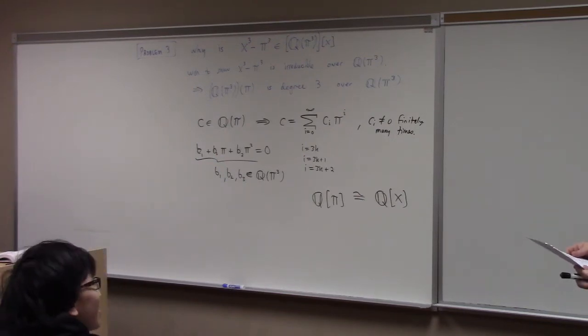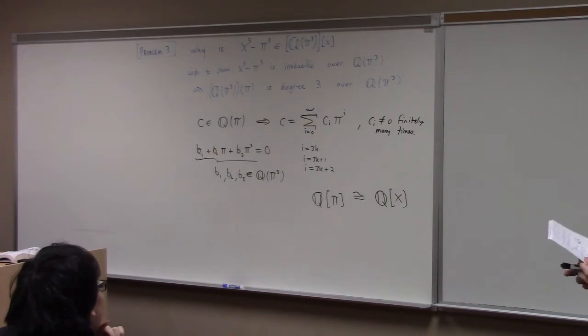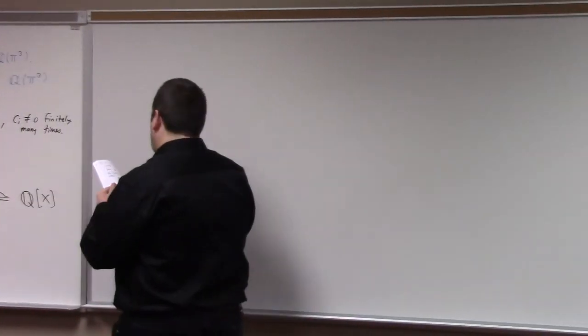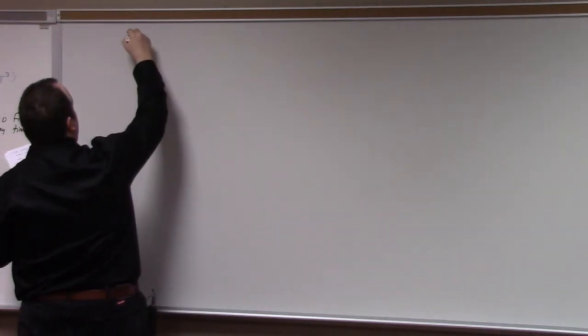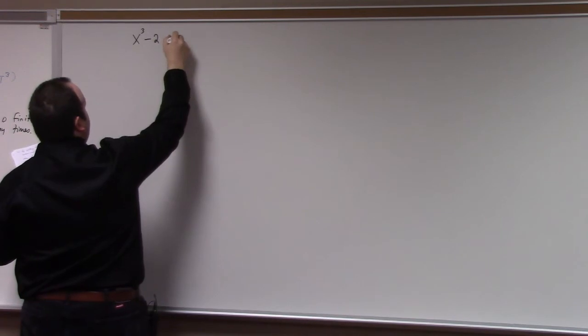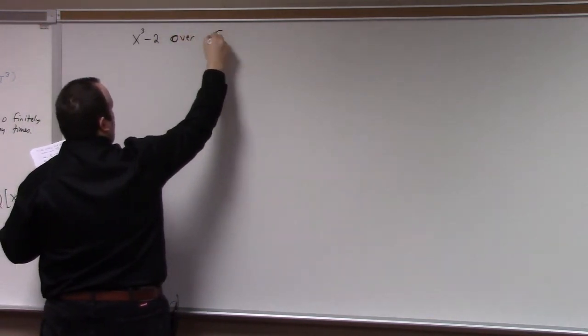Just to be clear. All right, so splitting fields. So last time, we essentially looked at x cubed minus 2 over Q, right?